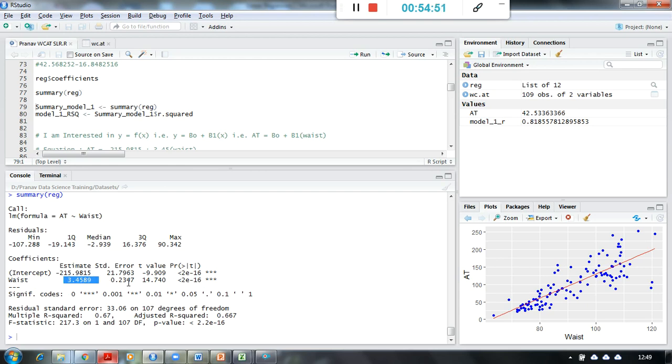But I don't have to rely only on these p-values. I have to check my r square value as well, and this is my multiple r square, that is 0.67. So this value is also very important. There are some other parameters which slowly and steadily we will understand, each and every one.